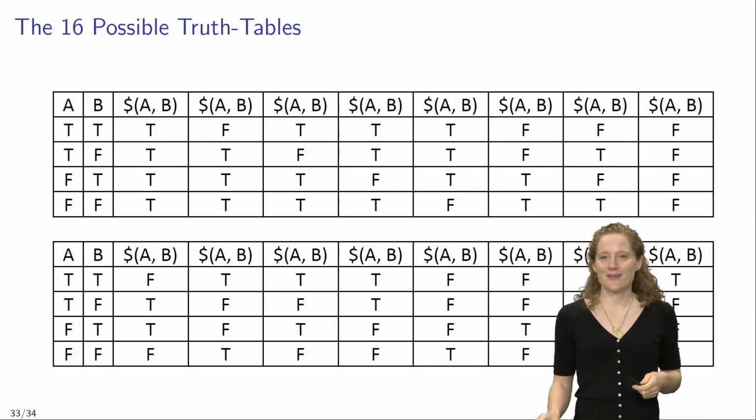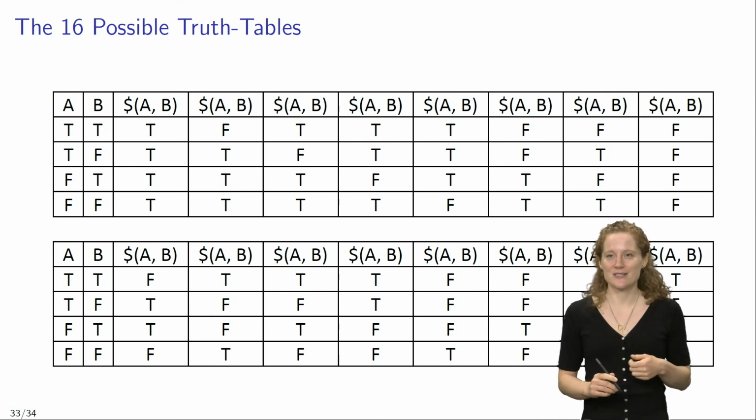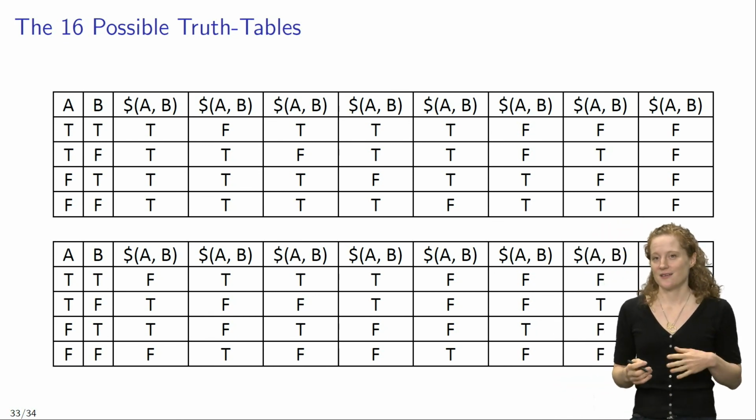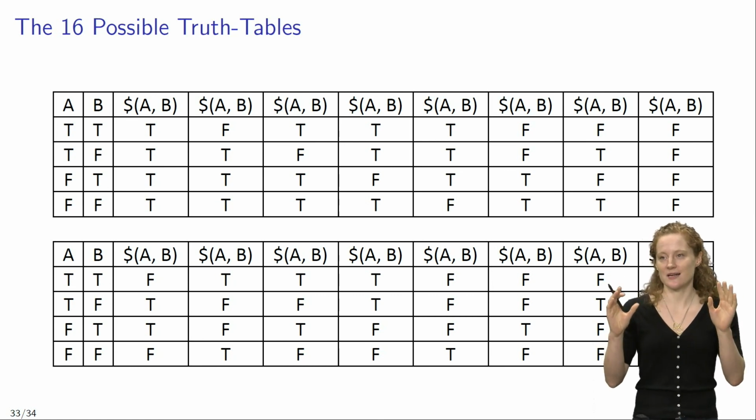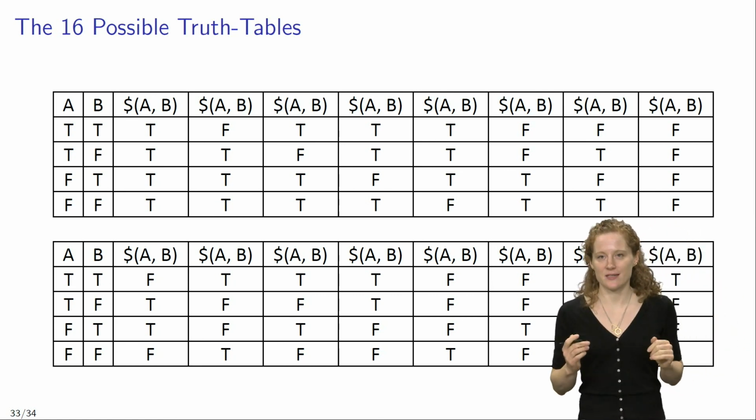So here are the 16 possible truth tables for a two-place connective, or a connective that takes two sentences as argument to deliver a complex sentence.